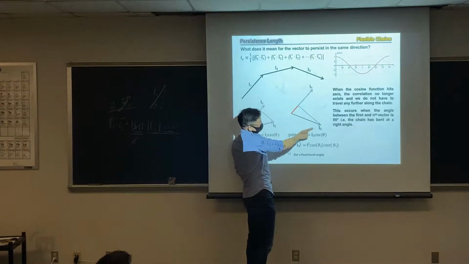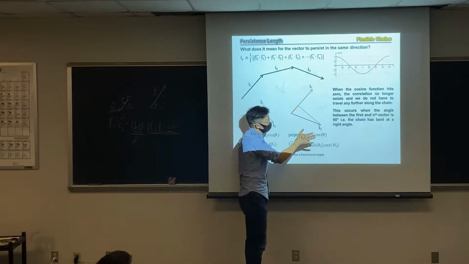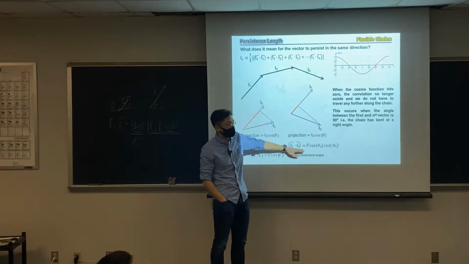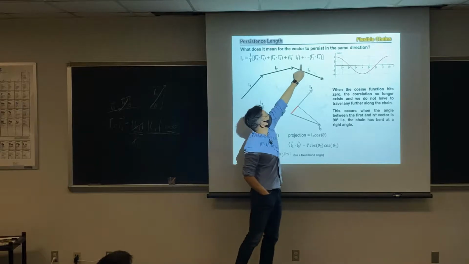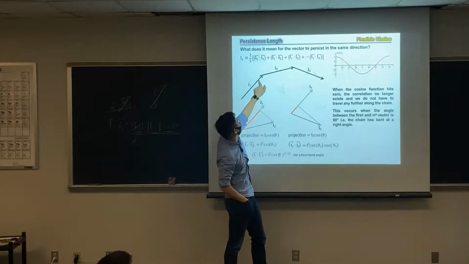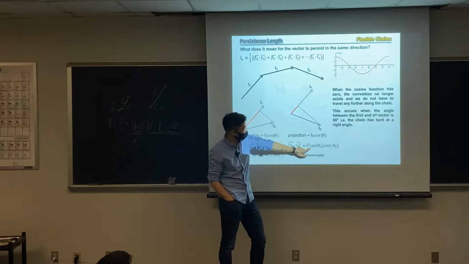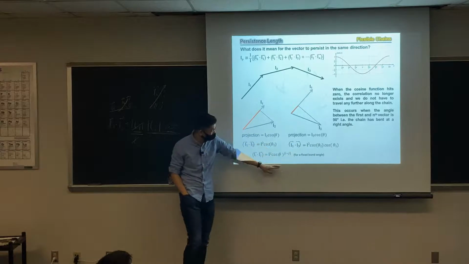If you want the third bond's projection onto bond 1, you need to consider this theta angle twice, because L3 needs to project to L2, which is one theta angle projection, and then one more time. So that equals cosine to the power 3 minus 1, which is cosine squared.